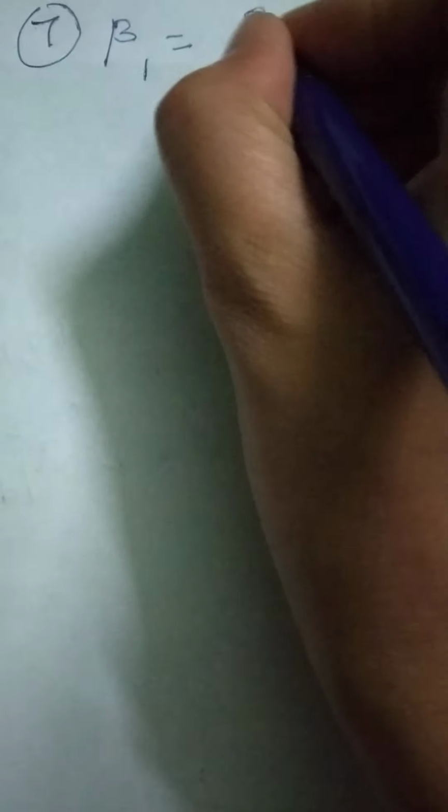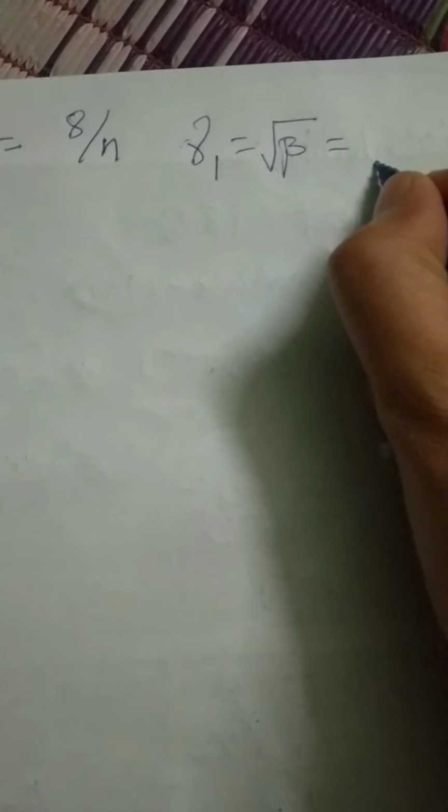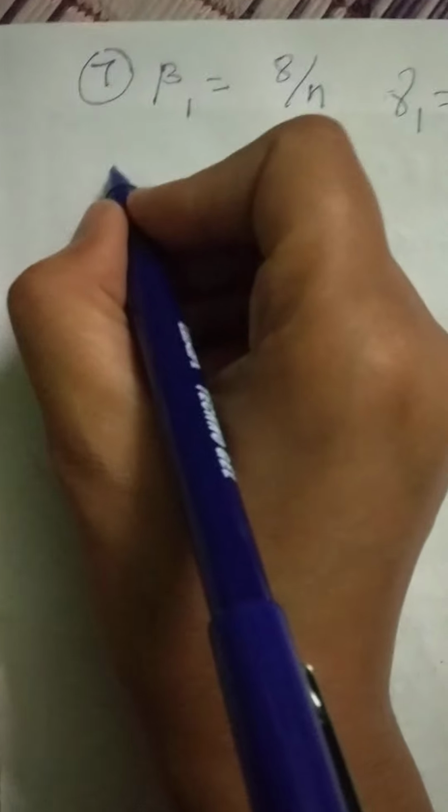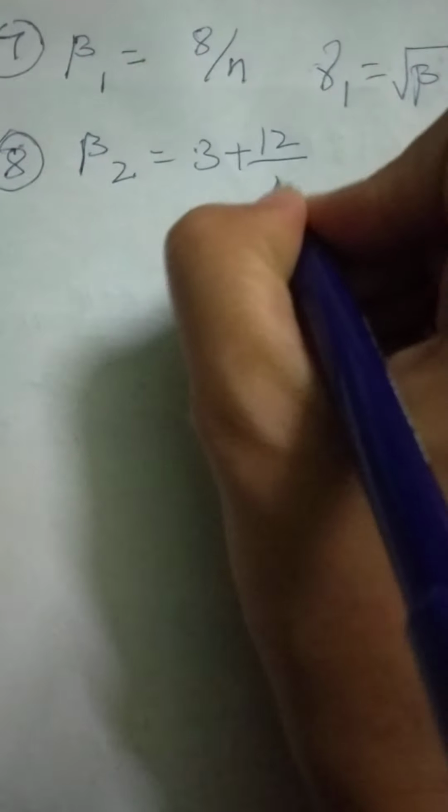The seventh one is measures of skewness. It is beta 1, which is equal to 8 by n. If you write gamma 1, it will be root of beta 1, that means root of 8 by n. In the same way, the eighth one is beta 2, which is 3 plus 12 by n.